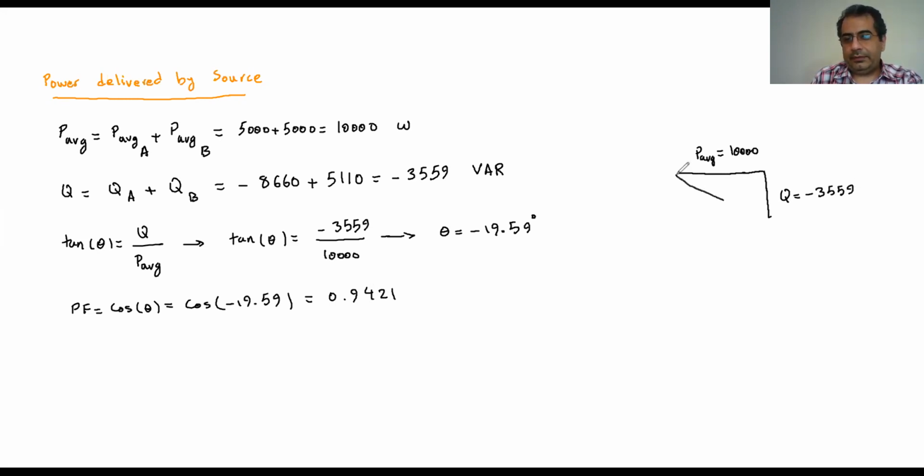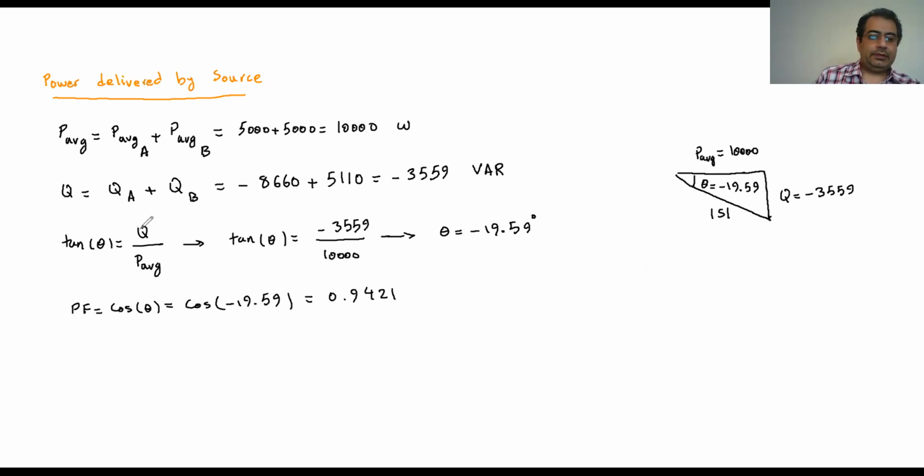Then we have the theta, which is negative 19.59, and this is the apparent power delivered by the source. So I can have this format.